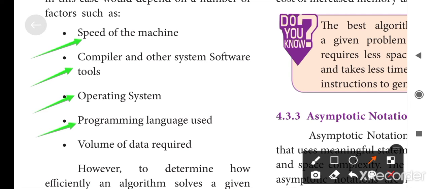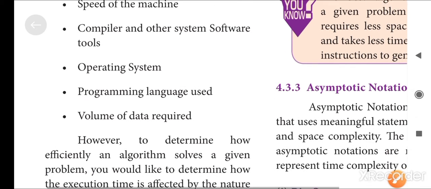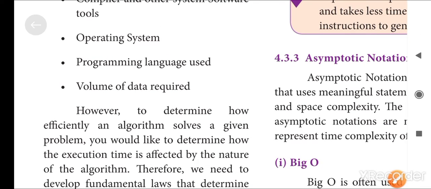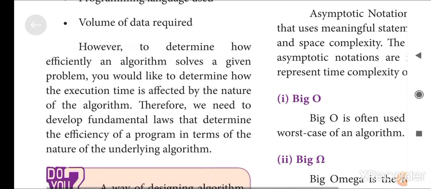The fourth one is the programming language used. Which kind of programming language we use is very important. The final one is the volume of data required. If we use a high amount of data, the system will be a little bit slower.